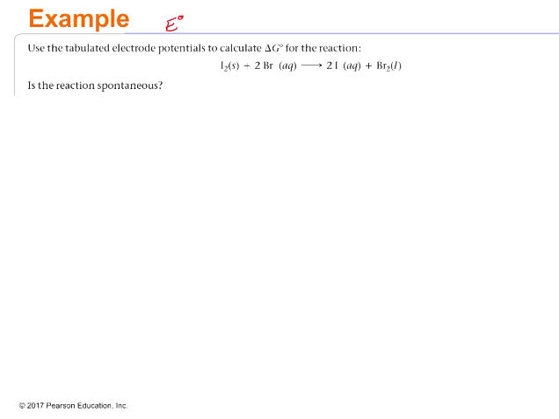We just said that E cell is equal to the cathode potential minus the anode potential. So we'll have to figure out what's being oxidized at the anode and what's being reduced at the cathode. Once we have our E cell value, we're going to plug that into this equation that we just learned.